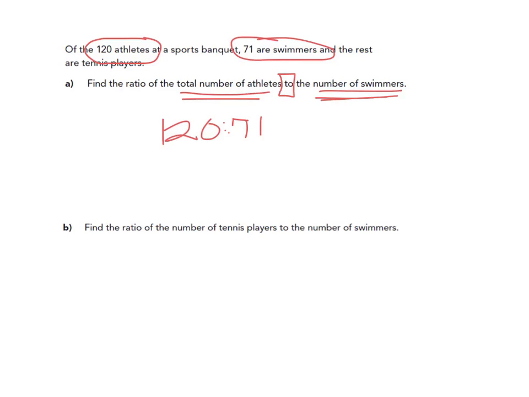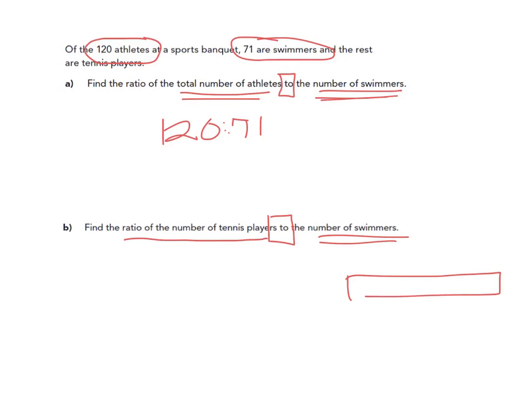The next one asks for the number of tennis players to the number of swimmers. This one's a little different because I didn't get the number of tennis players. What I did is I got the whole, which was 120 athletes, and I learned that 71 of those were swimmers. And I was told that the rest had to be tennis players. So I see that this is a whole with a part.